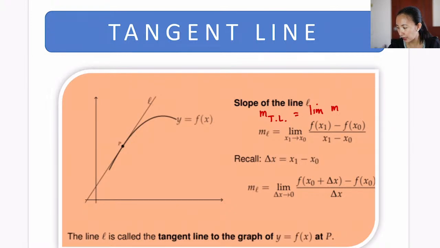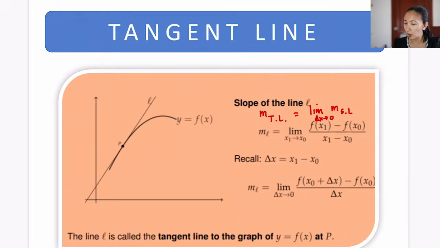May I use SL na lang, secant line, as delta x approaches 0. Okay? The slope of the tangent line, therefore, is equal to the limit of the slope of the secant line as delta x approaches 0. Okay?